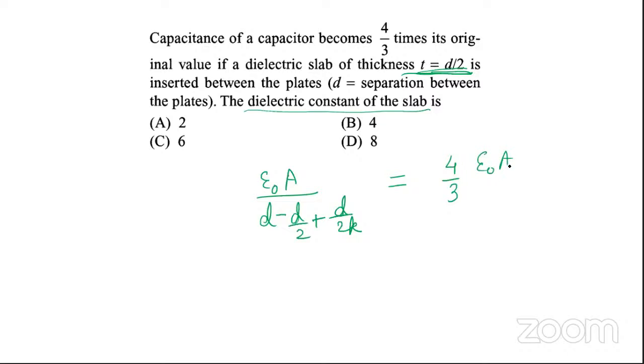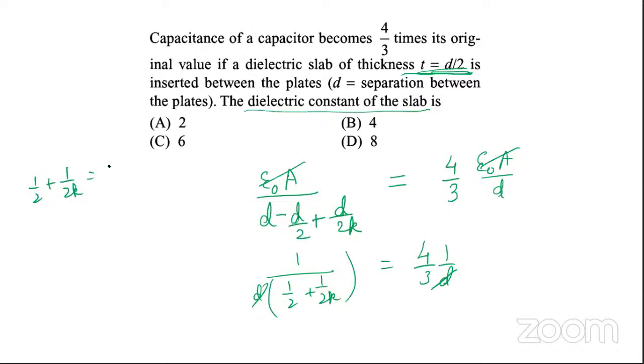Original value is epsilon naught A by D. Now, just simplifying this and taking D common, 1 minus 1 by 2 plus 1 by 2k equals 4 by 3, 1 by D. D and D get cancelled out, and 1 by 2 plus 1 by 2k equals 3 by 4. So A is the answer.